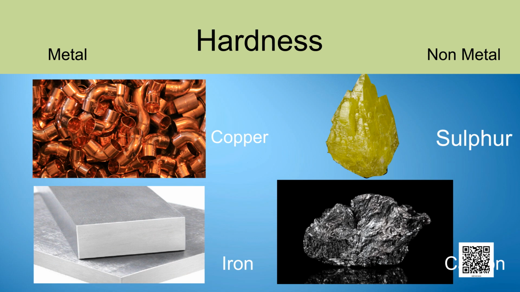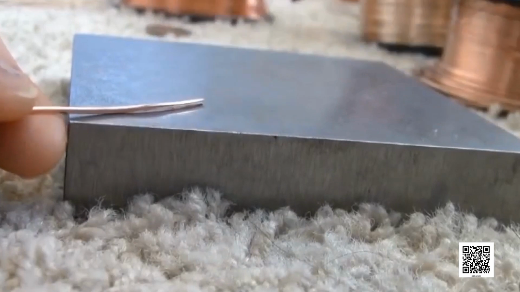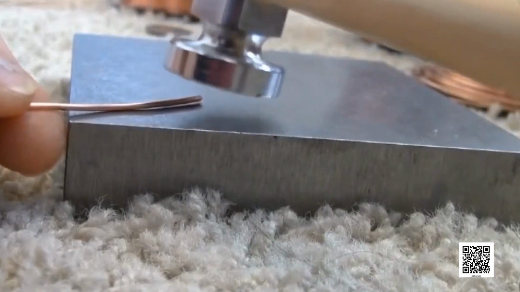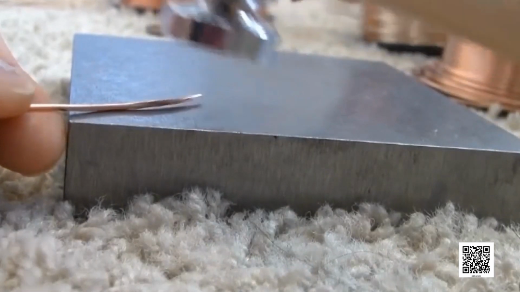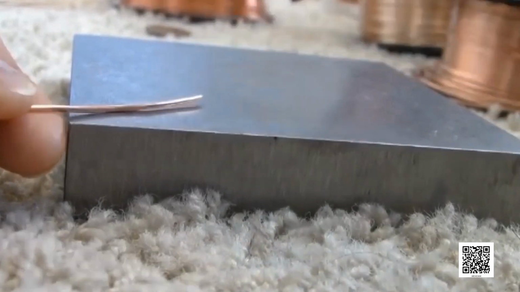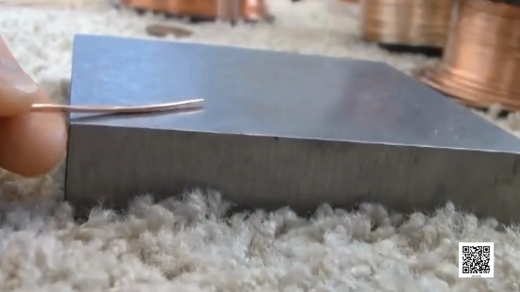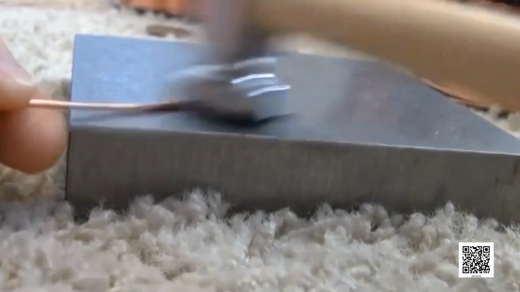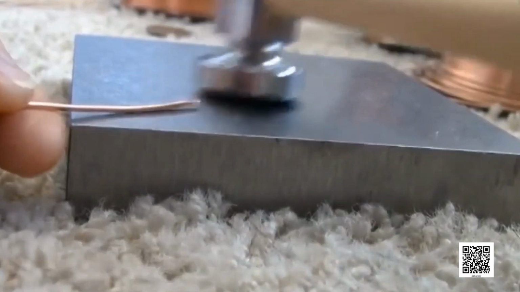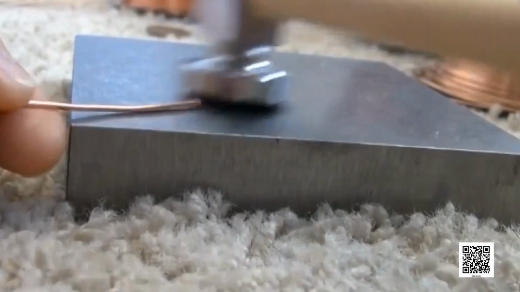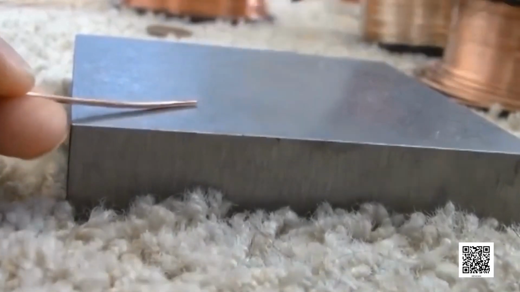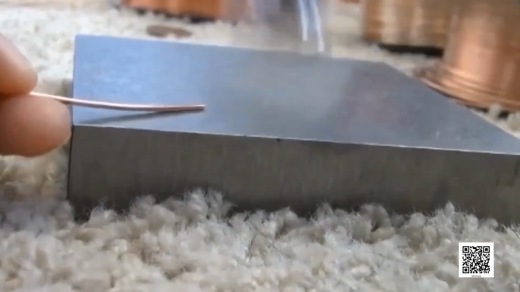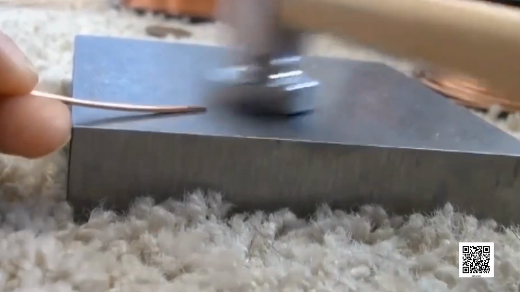You have observed that when copper and iron metals are beaten with a hammer, their shape changes. When these metals are beaten more forcefully and continuously, they change into thin sheets without breaking at all.